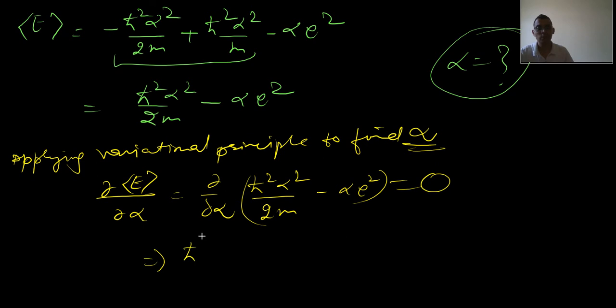That means ħ² 2α/2m minus e² must be equal to 0. This will cancel out with it.